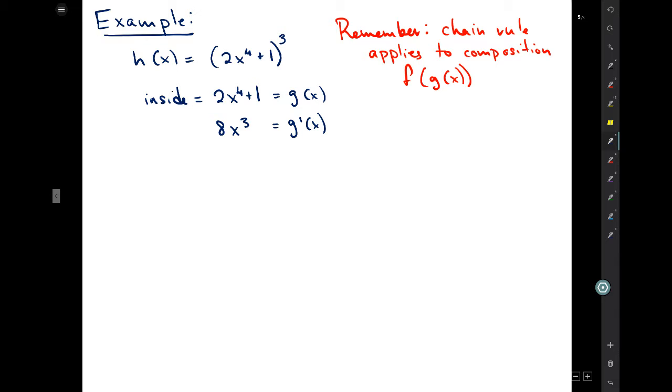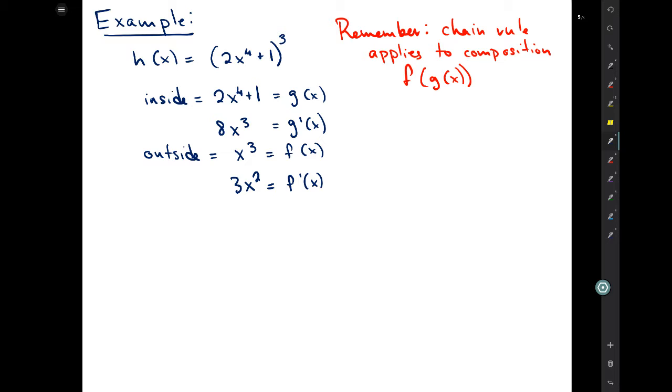Plus 0, but we won't write that down. Okay, so the outside function, my outside function here is this cubing. So it's x cubed. That's my f of x. And so f prime of x is 3x squared.